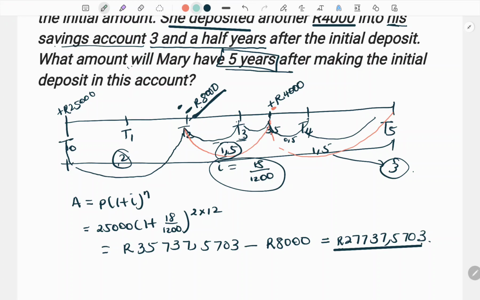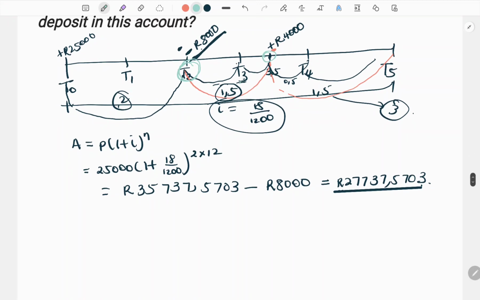This value, you're going to use it from here. It's a value which should be here to get the value up until there, I think. Yeah. Then you're going to say A is equal to P(1 + i) exponent of n.